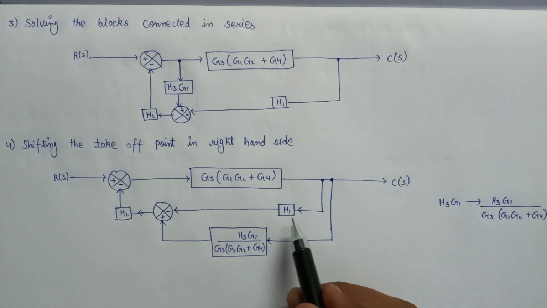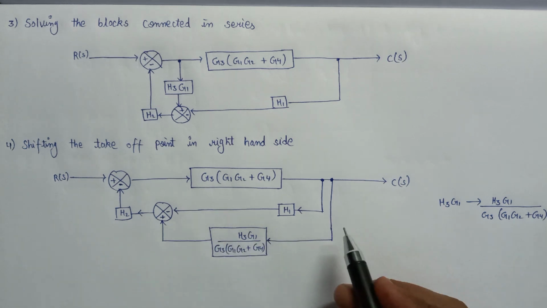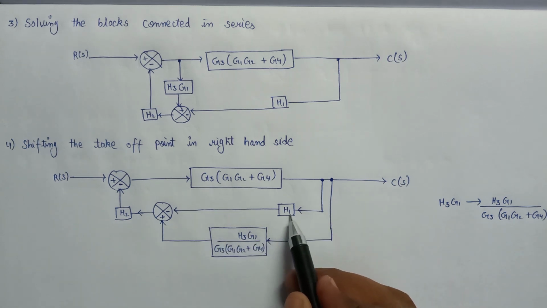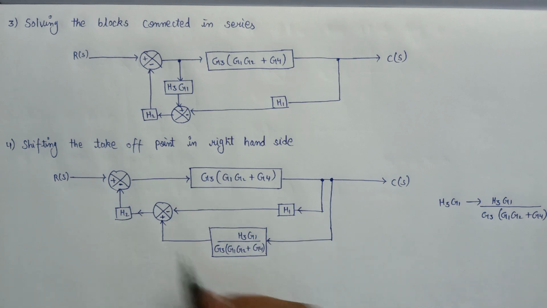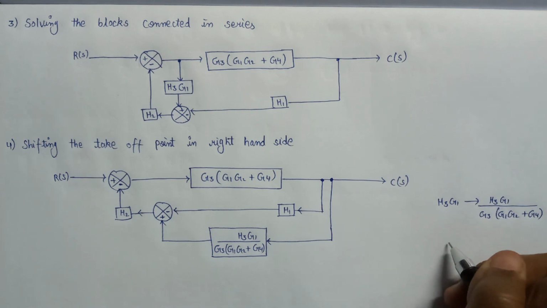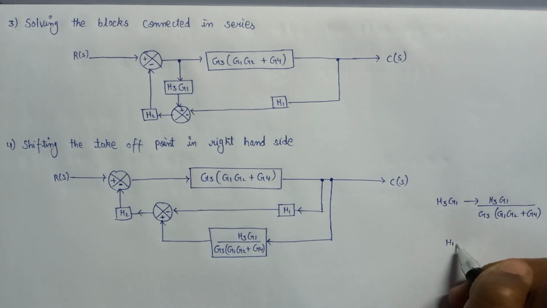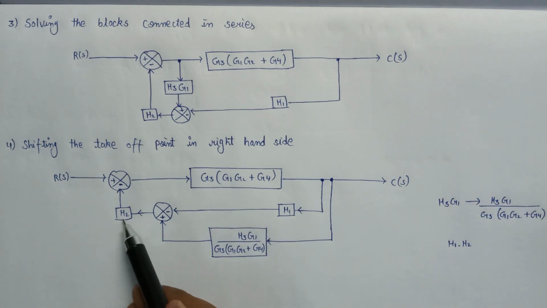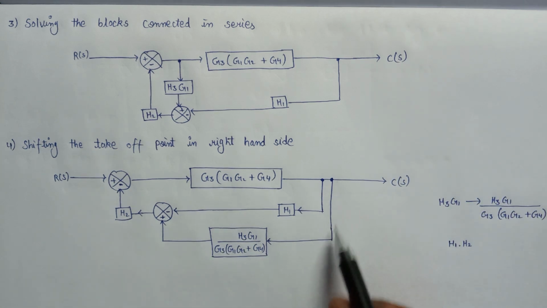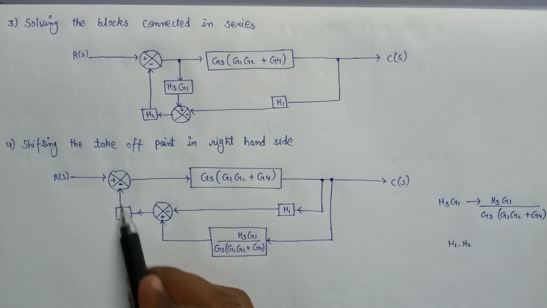So we can also draw this and rearrange it so that H1 will get multiplied with H2, because H1 and H2 are in series. So the new gain will now become the multiplication of H1 and H2, and this H2 will also be in series with this path.